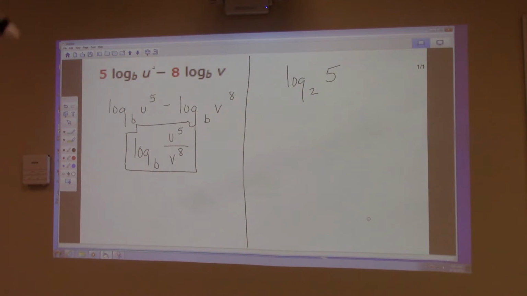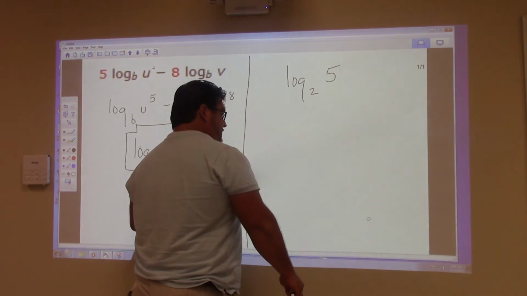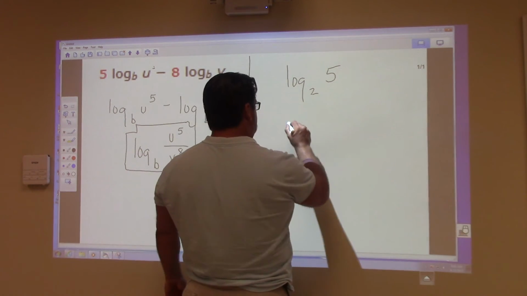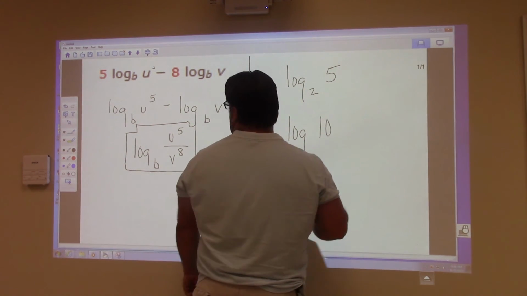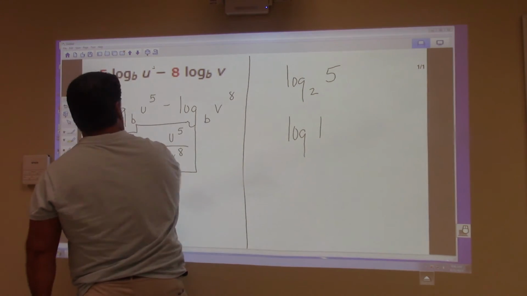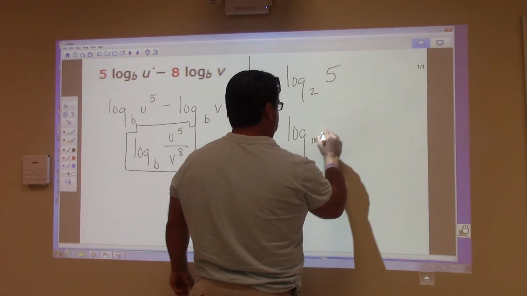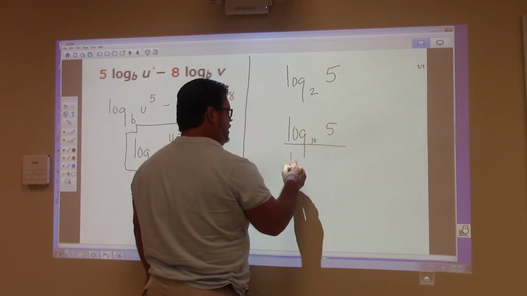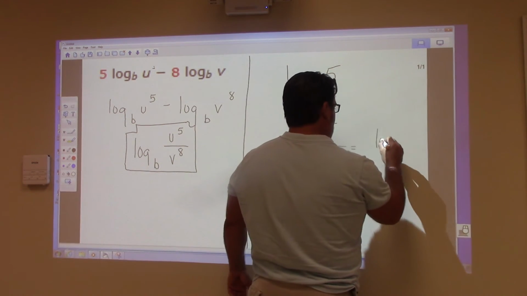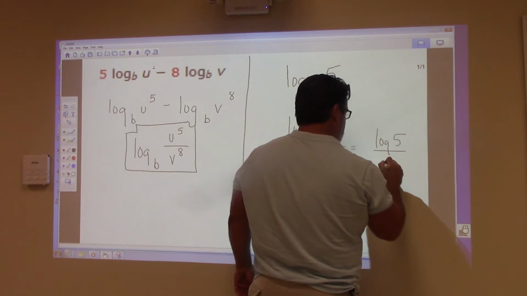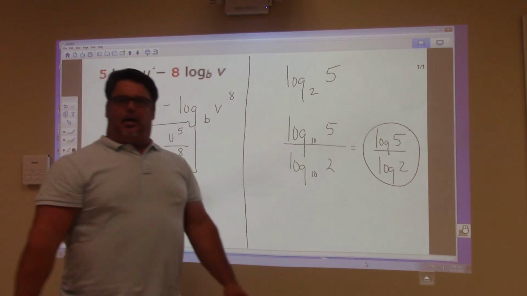You have to think and change it into log base 10 of 5 over log base 10 of 2, or log of 5 over log of 2. And then you can put it in the calculator.